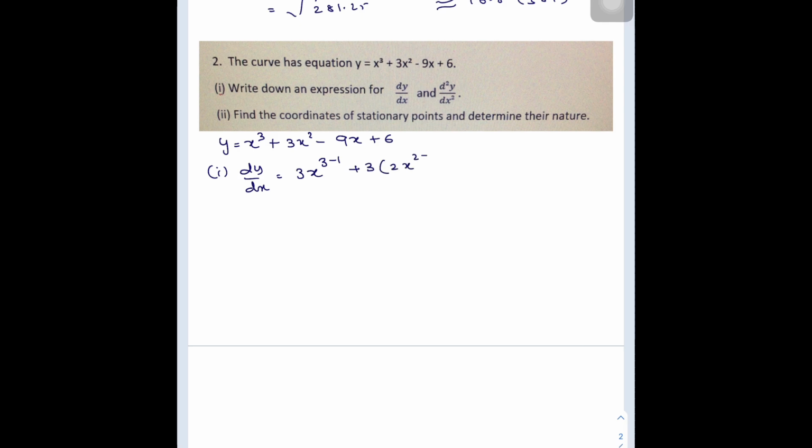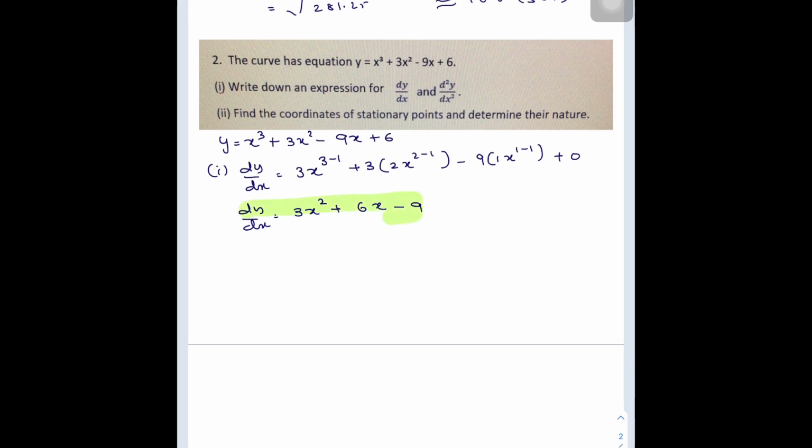So that's 3x to the power 3 minus 1, plus 3 times 2x to the power 2 minus 1, minus 9 times 1x to the power 1 minus 1, and 6 becomes 0. So dy over dx is 3x squared plus 6x minus 9. I'm done with dy over dx.